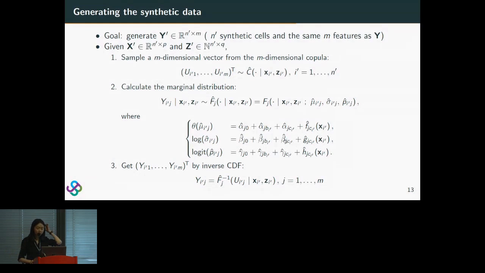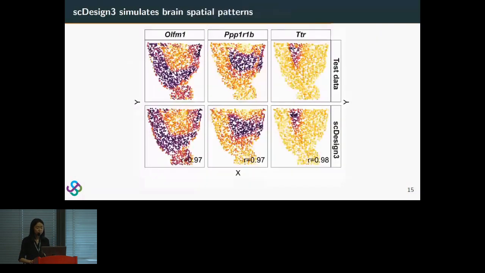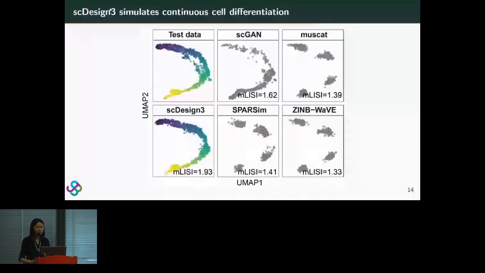So to quickly go over the results, these are all from our published papers. We can say for sure that back then, we were the only simulator that can take trajectory as an input to generate data. That's why we can see the colors indicating the pseudotime values in our synthetic data, while other simulators didn't directly use the pseudotime.